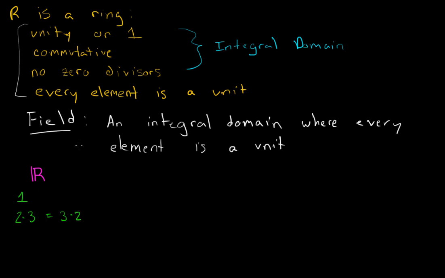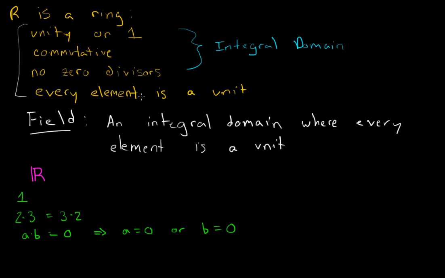There are no zero divisors, so if a times b equals 0, this implies that either a is 0 or b is 0. So there are no zero divisors in the ring of real numbers.